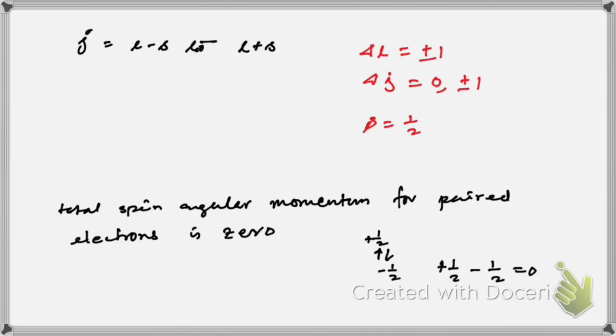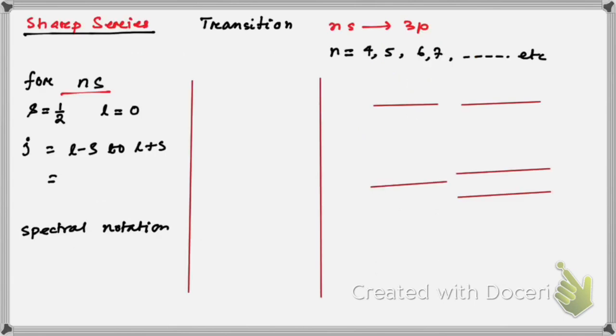Now let us discuss the doublet series. How do we get triplet, doublet? Now you see 4s. In alkali metals, there is only one electron in the outermost shell, and for each electron the value of small s is half.